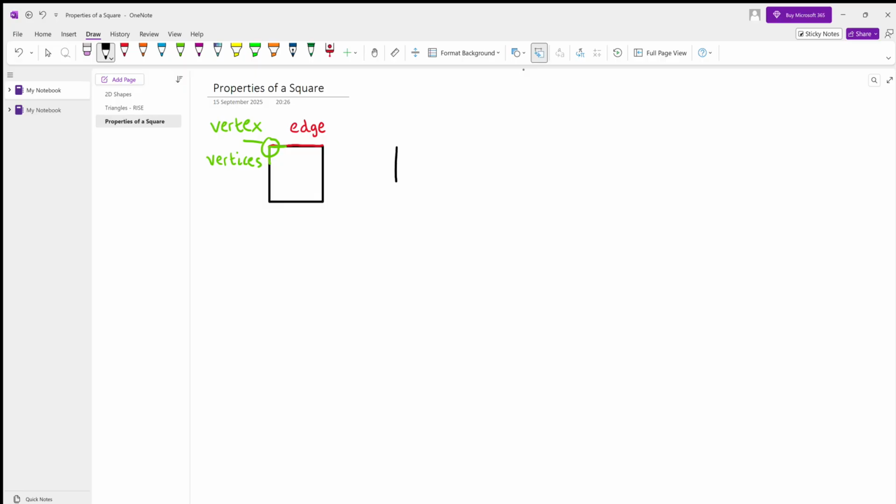So the first thing, oh, I didn't like that. Let's draw it a bit more carefully, or quicker should I say. There you go. Right, first property, all the 4 lengths, all the 4 edges are equal.